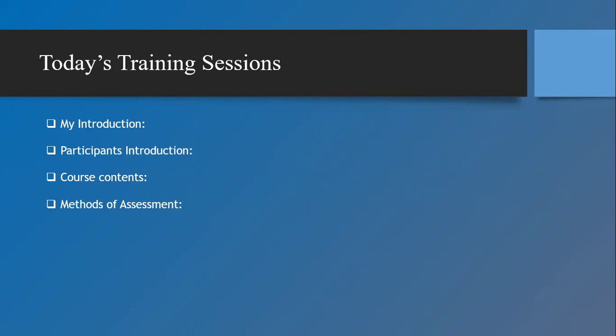It means approximately after 7 sessions, you would be able to apply some of the learning techniques on a particular data set. So I will share a data set after every 7 days. You can apply your learning techniques during those 7 days on that particular data set. So that would be a method of assessment.